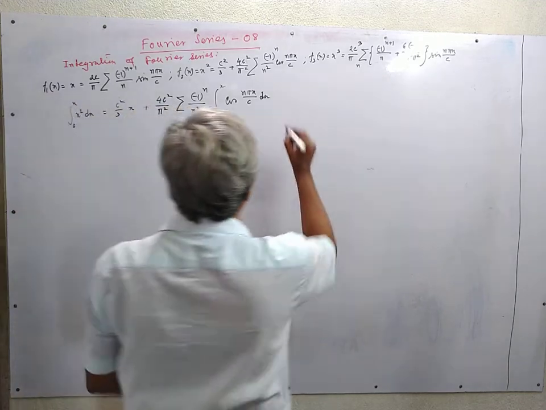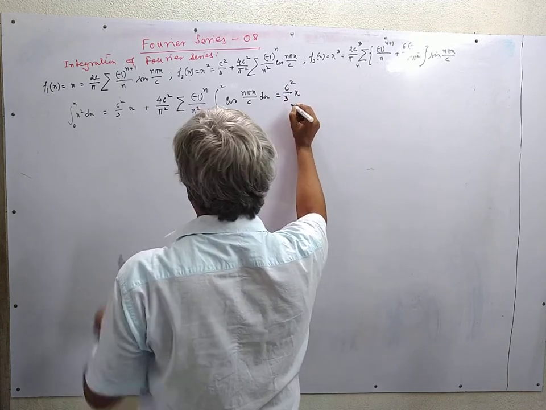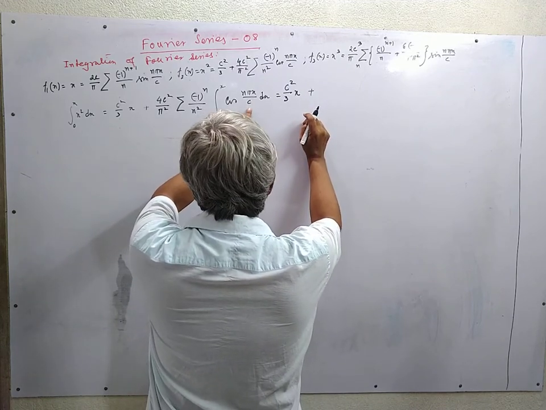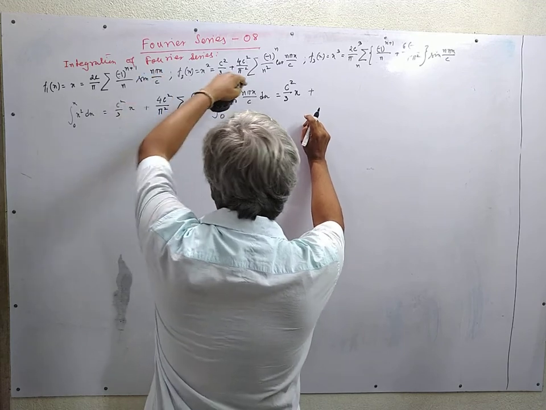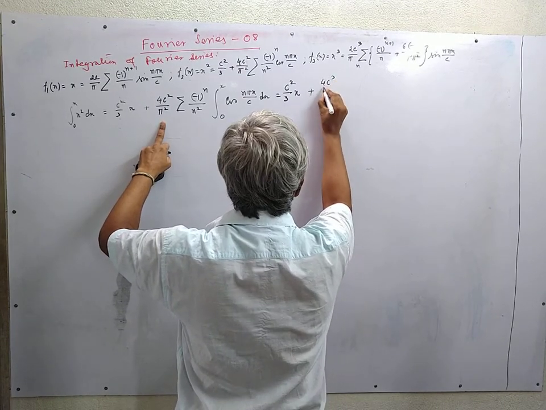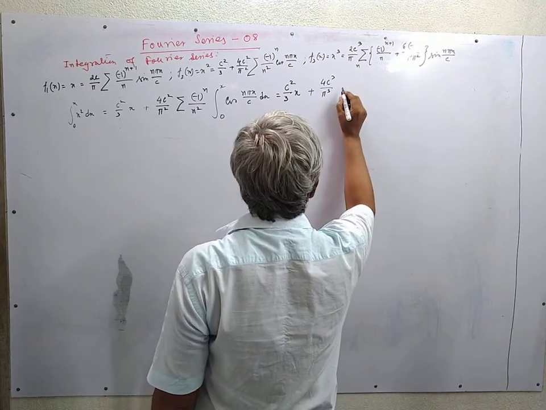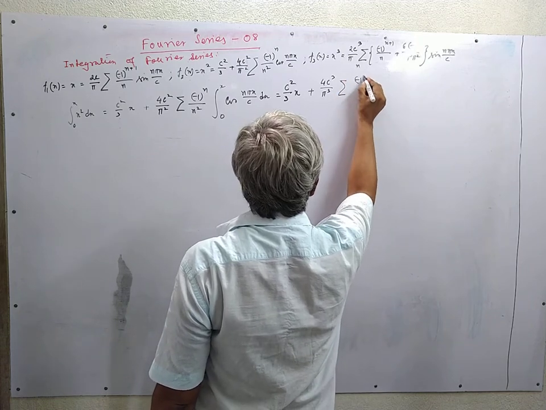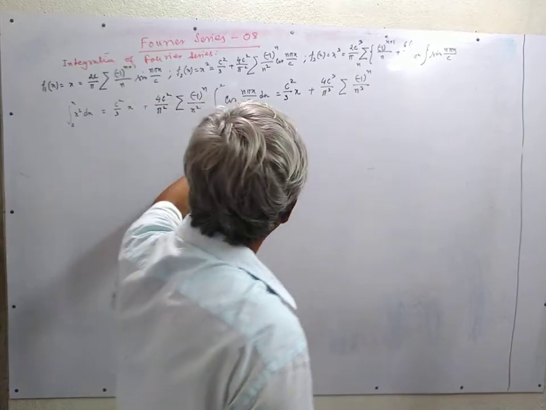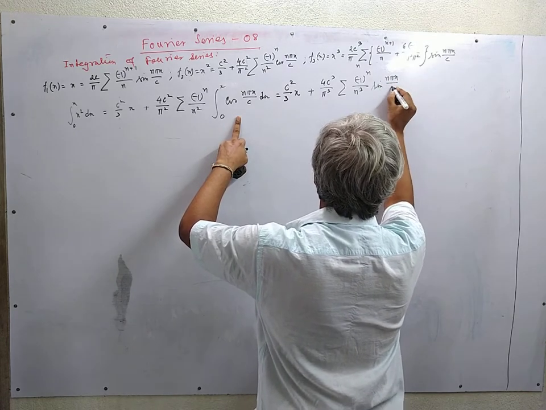Now this is c square by 3 x, and on the integration c will come, so this will make c cube, and 1 pi will come, that will make pi cube. 4c cube by pi cube, and then we will have summation over n of minus 1 to the power n by n cube, and cos is integrated, so sine, and in the lower limit it is 0, sine of n pi x by c.